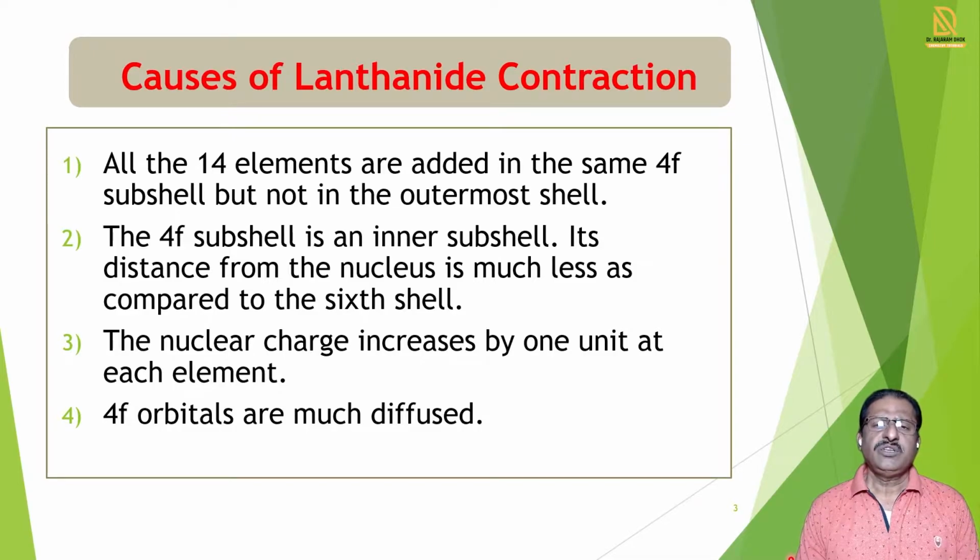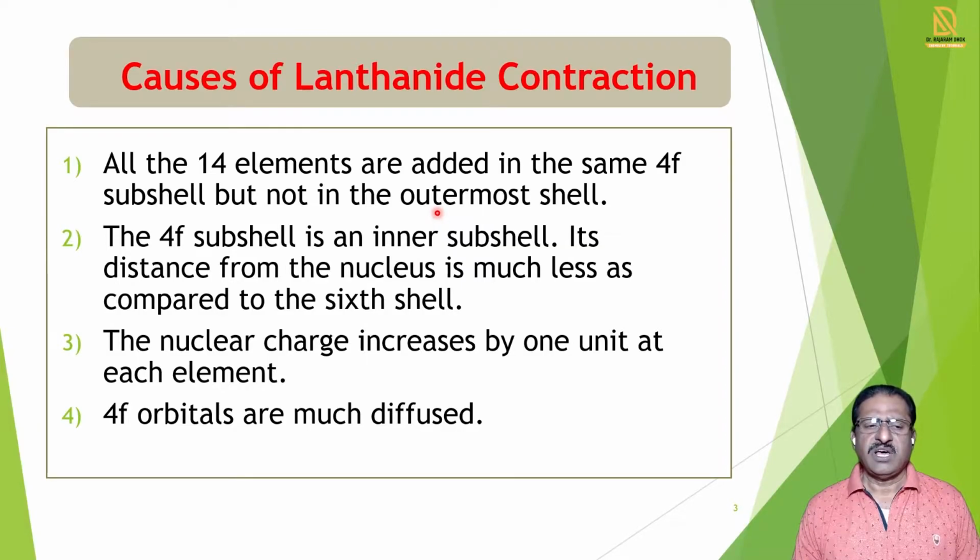Now we see the causes of lanthanide contraction. When the lanthanide series elements show a slight decrease in atomic and ionic radii from lanthanum to lutetium, what are the causes? One cause is that all the lanthanide elements are added in the same 4f subshell.